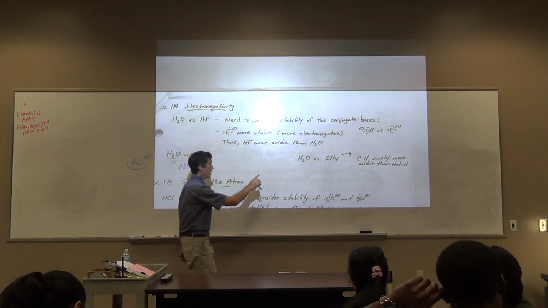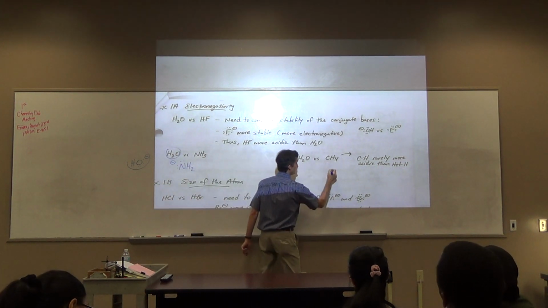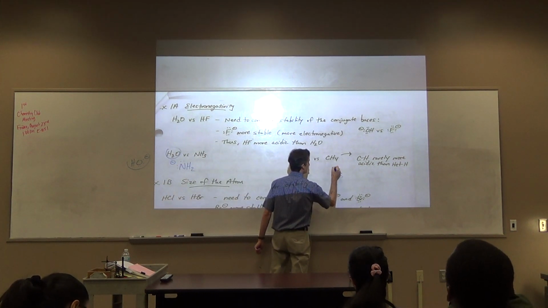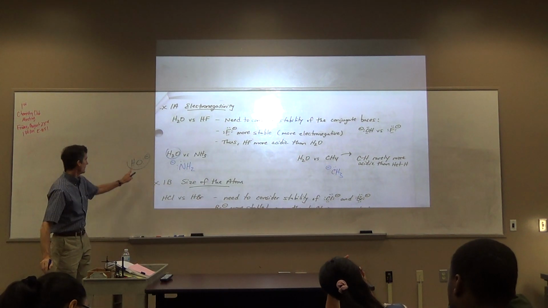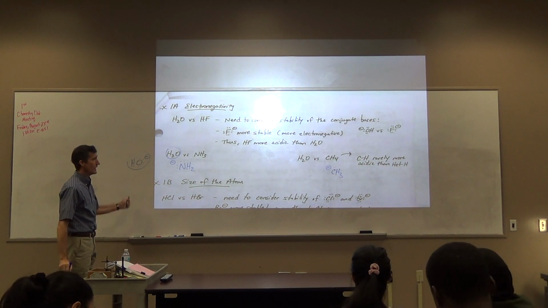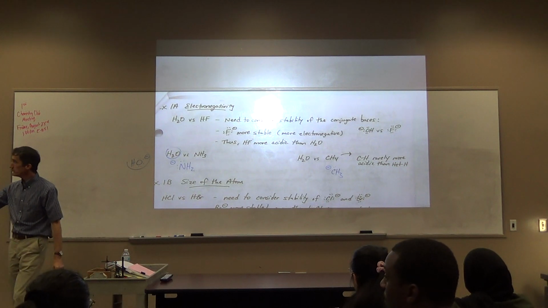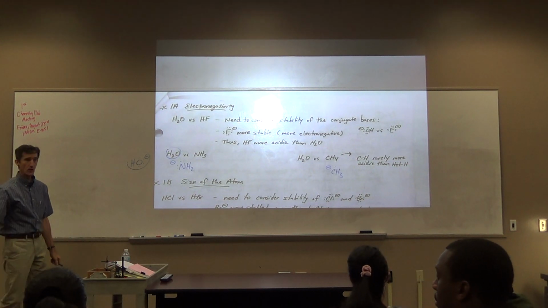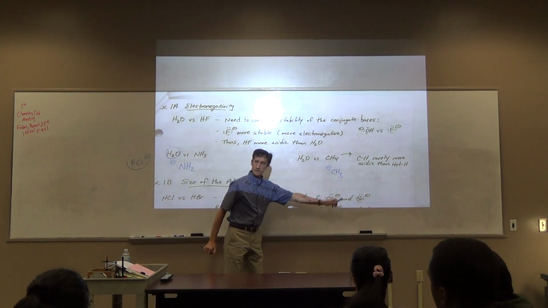Which is more acidic, water or methane? Well, what's the conjugate base over here? CH3 minus. Okay, which is more stable? OH minus or CH3 minus? Electronegativity. Oxygen is more electronegative. Carbon, we're moving more to the left. We will see carbanions. Carbon doesn't love being minus.